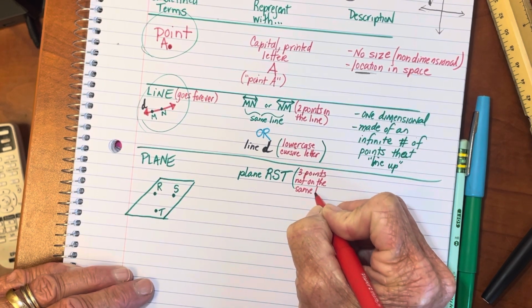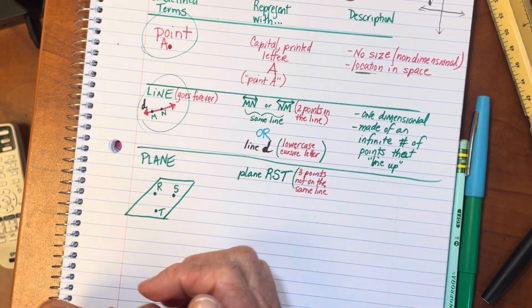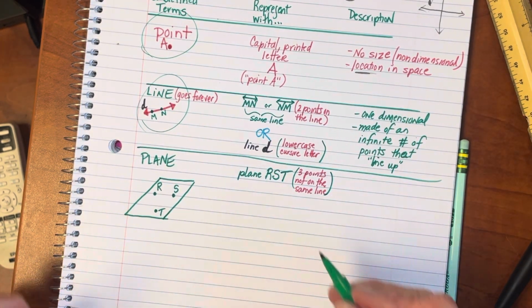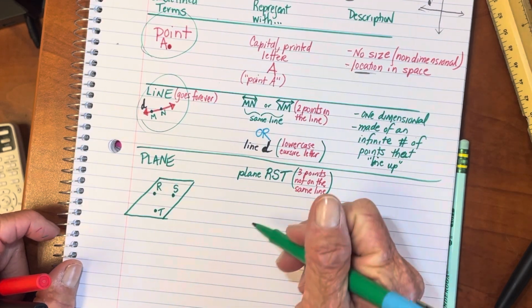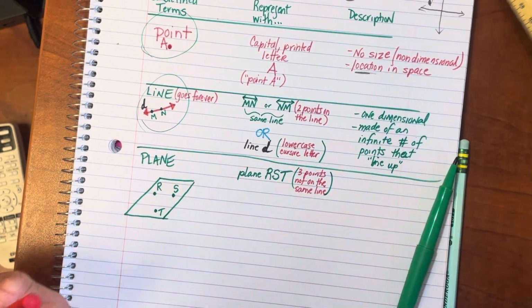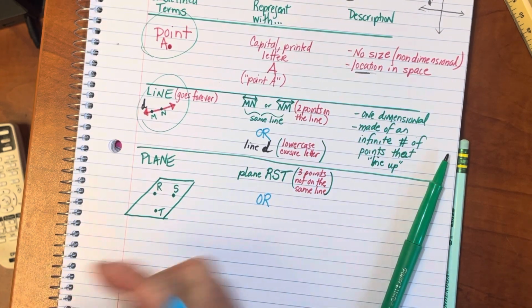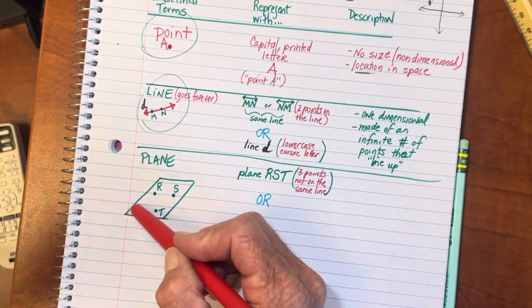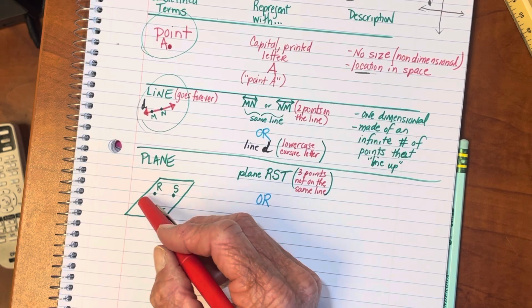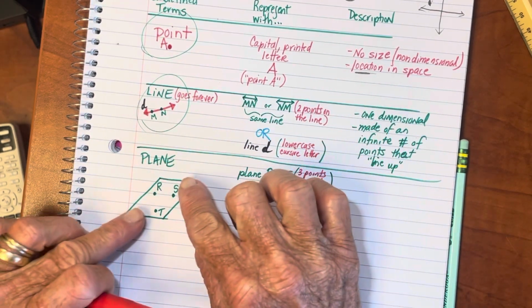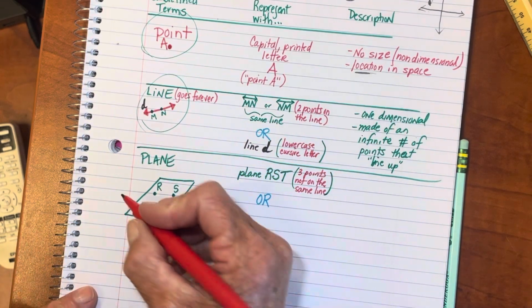3 points not on the same line. Plane RST. Okay, there's a second way to name a plane, just like we have 2 ways to name a line. Or if there happens to be a capital cursive letter in the plane, so it's usually going to be near one of these corners.